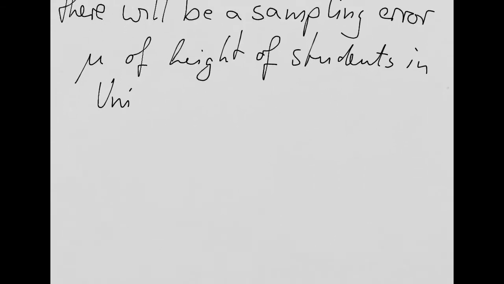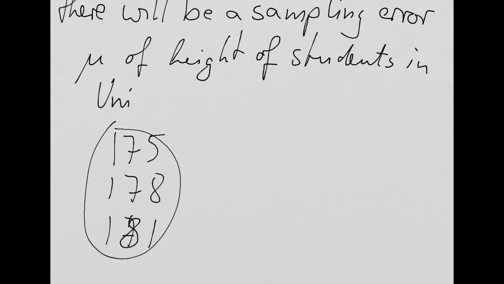And I take samples. So for example, I measure 3 students: 175 centimeters, 178, 181 centimeters, let's say. Yeah? So that's my first sample with 3 observations in it. And I say, okay, good.